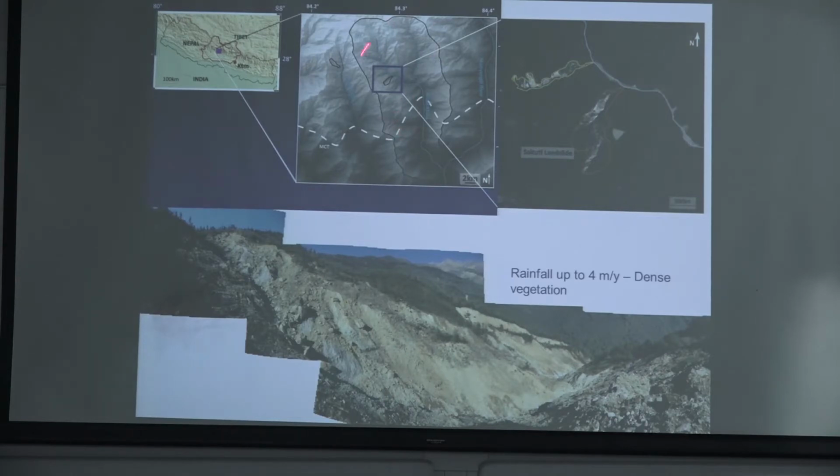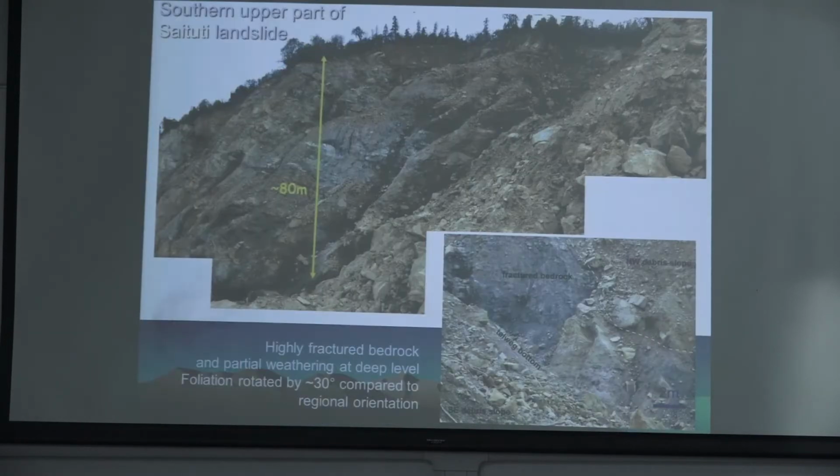So I don't present anymore the Kudi basin in central Himalaya. And you see here this strip zone, and on the field you see this large eroded zone. So if you go on the field, you see 80 meters deep of deeply weathered and fractured material.